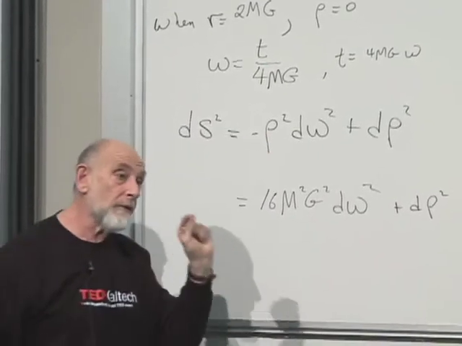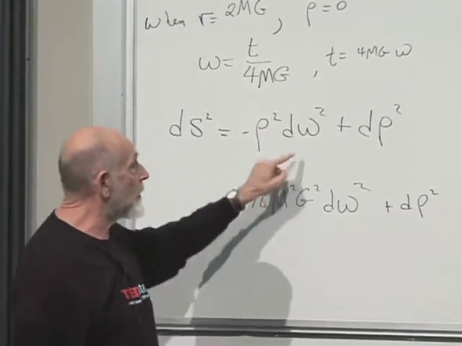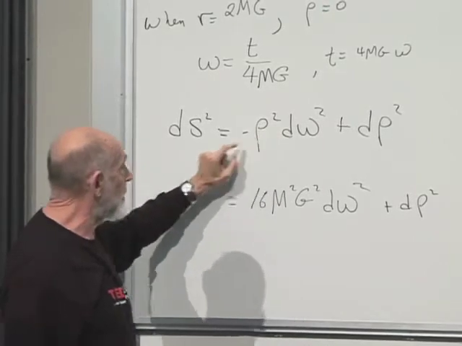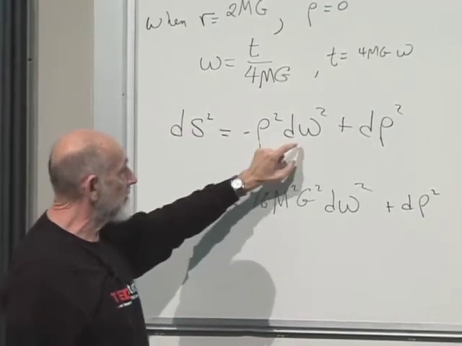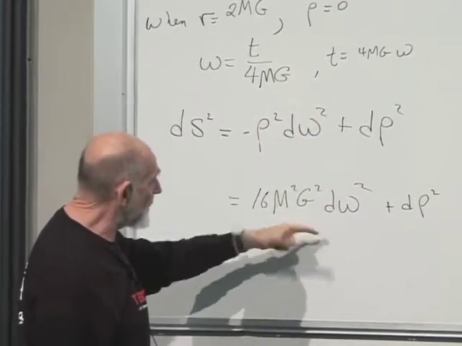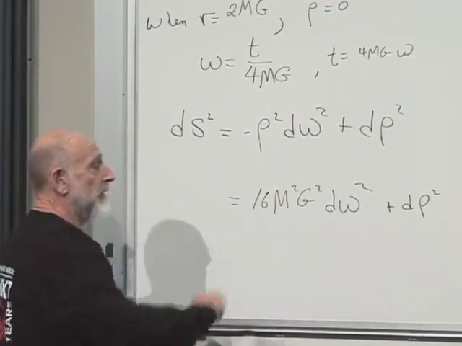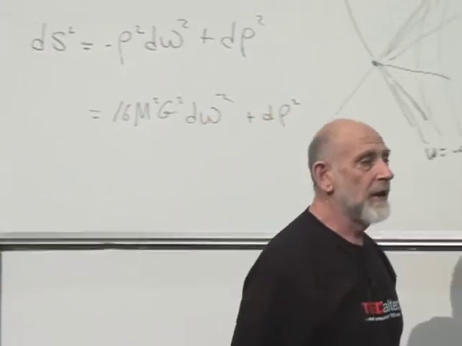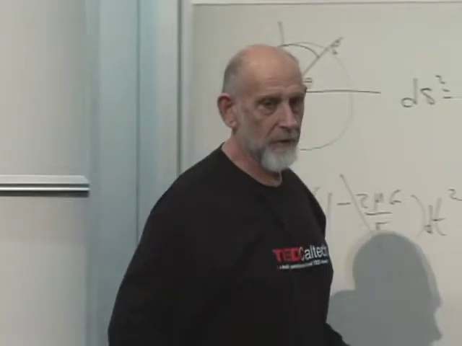When rho is very, very small, it means that time runs very, very slowly. Near the horizon of the black hole, there is very little proper time in any appreciable d omega. But far from the black hole, this is what the formula says. Okay, this is curious. What's going on?